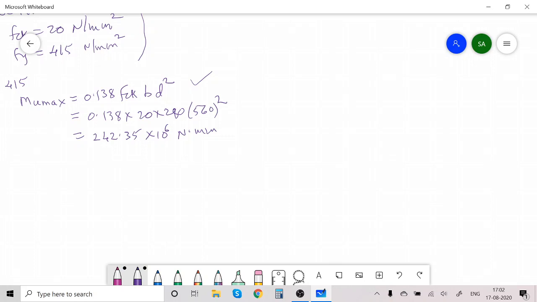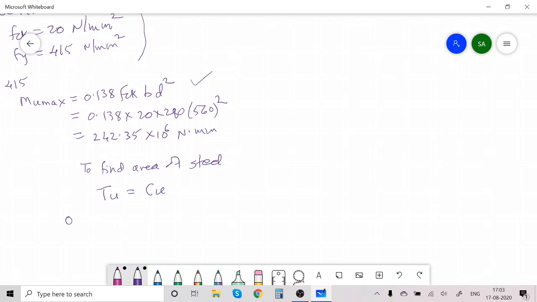Now to find the area of steel, what do we do? We will use the equation Tu is equal to Cu.